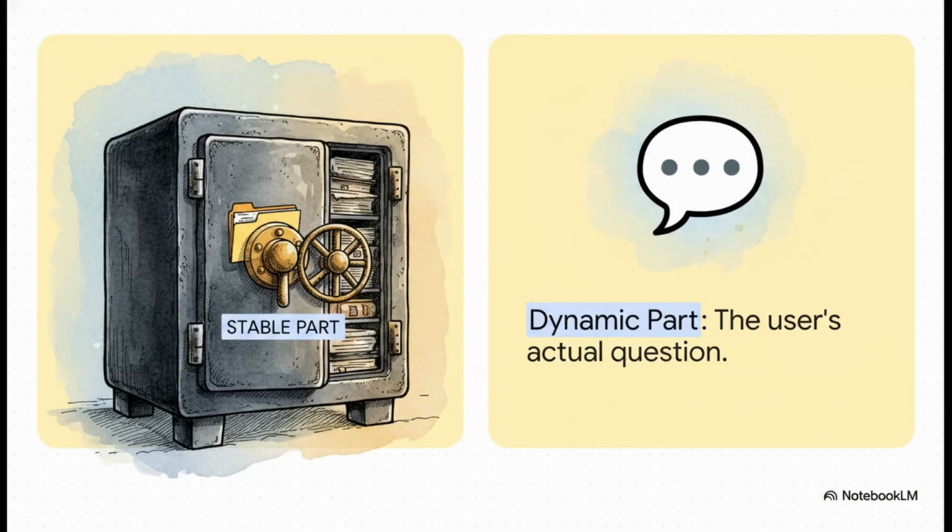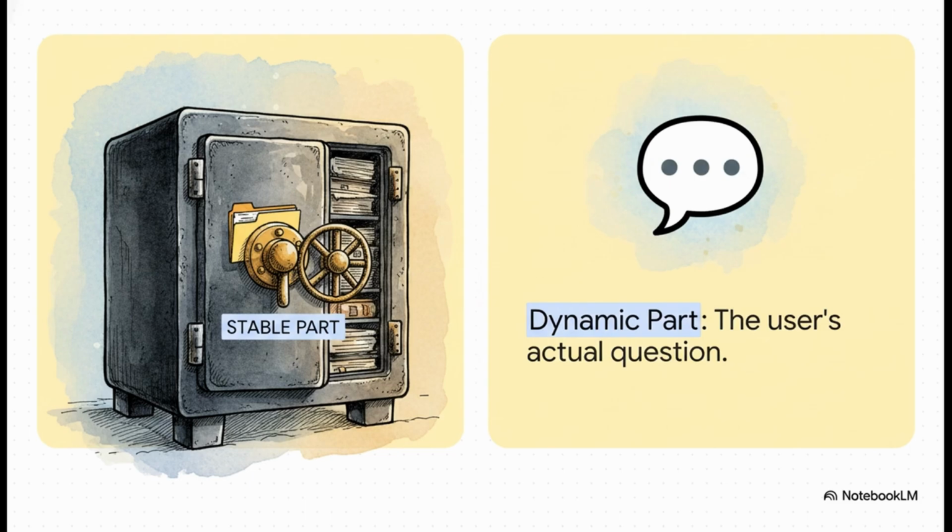So how does this actually work? Let's break it down. Think of your prompt as having two main parts. First, you've got the stable part. This is your system instructions, rules, tool definitions, and maybe some big reference documents. Then you have the dynamic part, which is usually just the user-specific question.